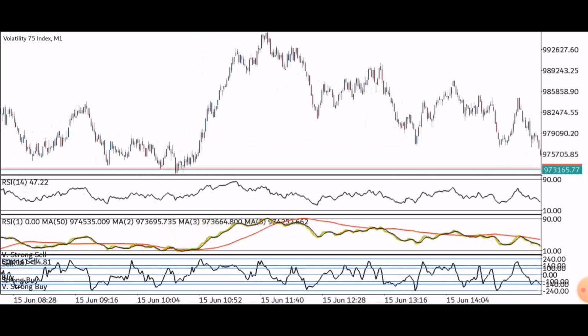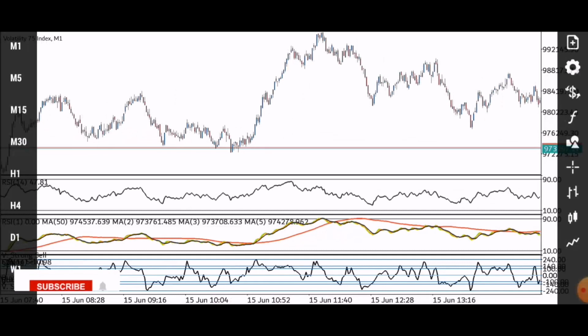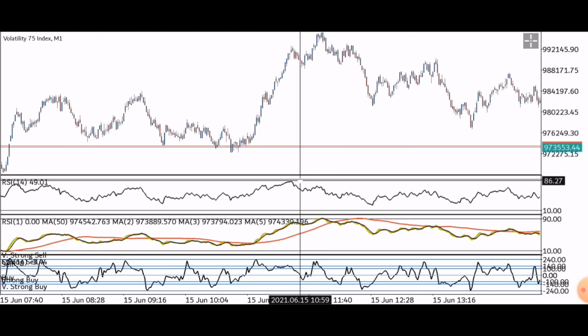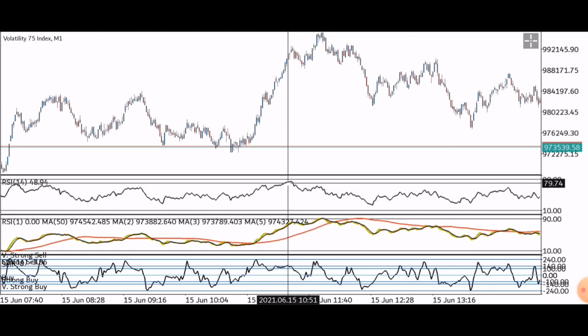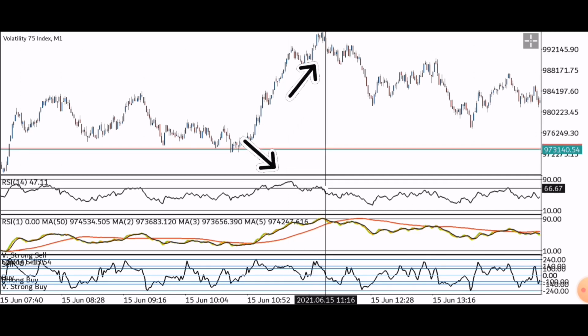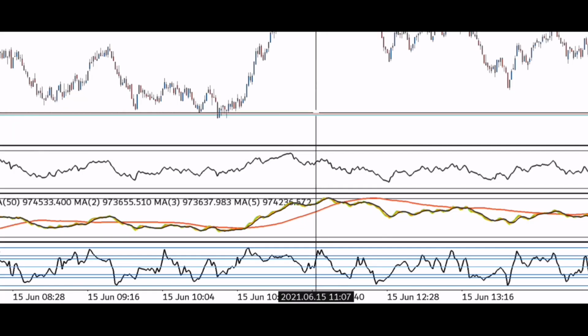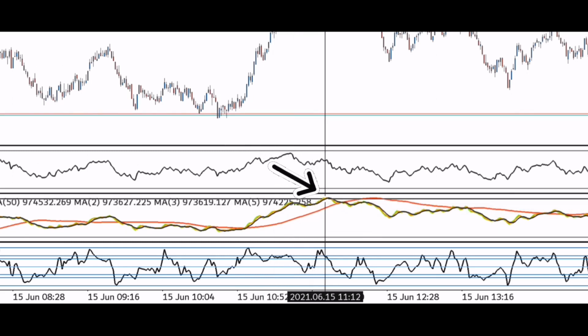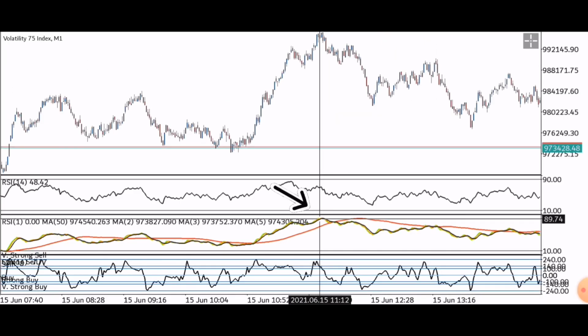This is a perfect example because we have all 3 conditions met. Now, the first condition, we have price showing us a divergence between the RSI and also the main chart. The second condition, we have that the moving averages have gone up to the 90 level of the RSI, which indicates that price is about to go bearish.